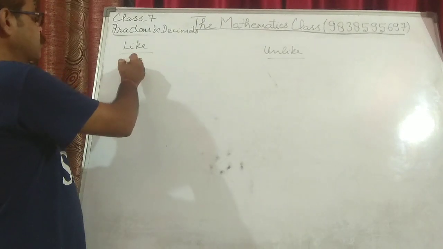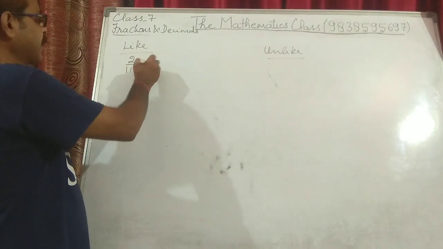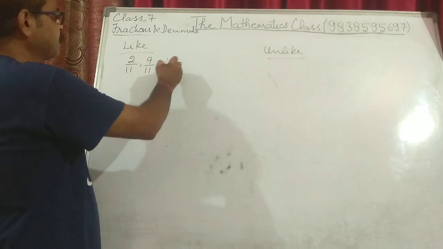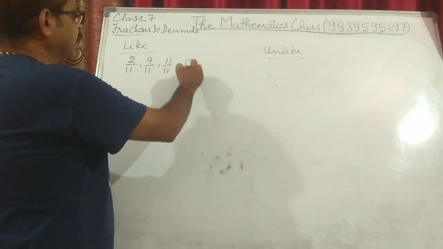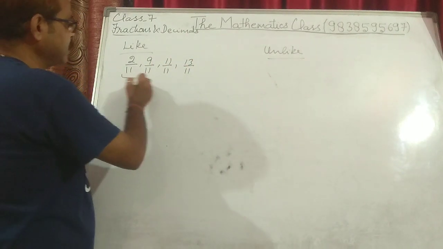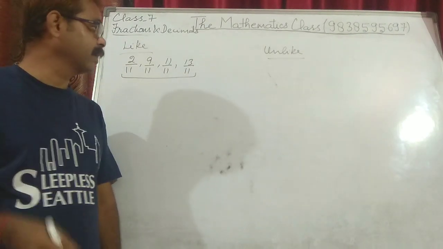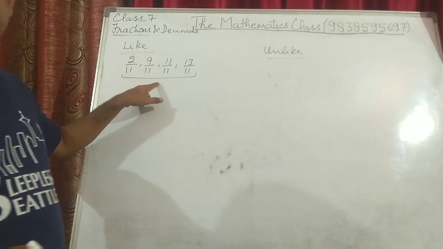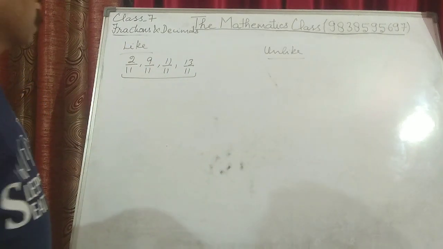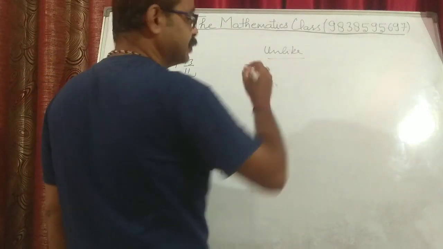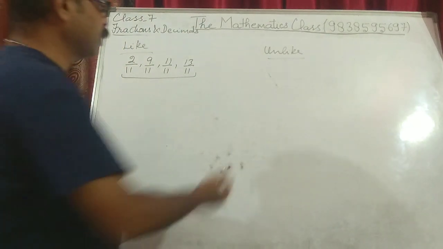Suppose I say 2 upon 11, 9 upon 11, 11 upon 11, 13 upon 11. Since all these fractions have the same denominator 11, they are said to be like fractions.